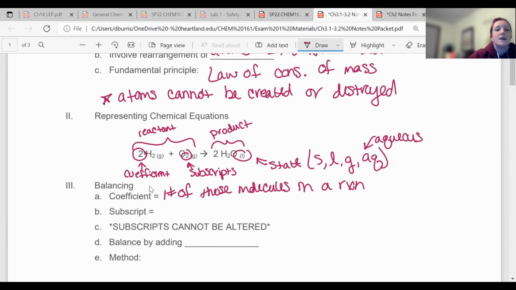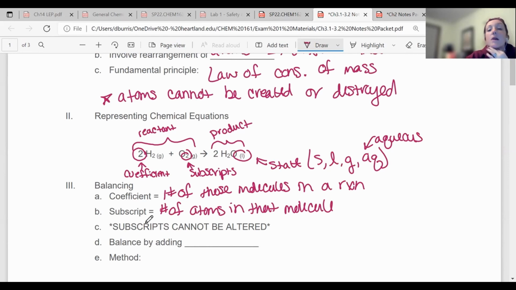The subscript tells you the number of atoms in that molecule. Each hydrogen molecule is two hydrogens bonded together. Each oxygen molecule is two oxygens bonded together. And over here, I have two waters. A water molecule is two hydrogens and an oxygen all bonded together.